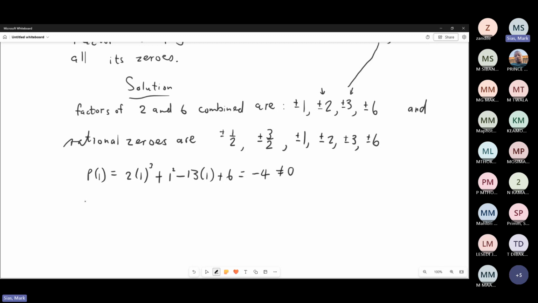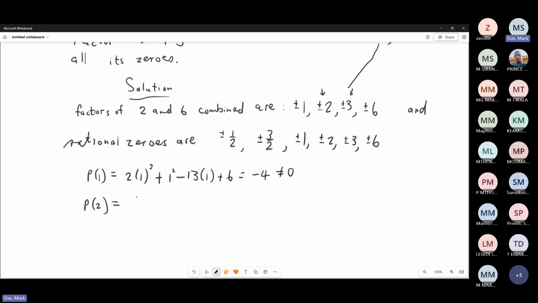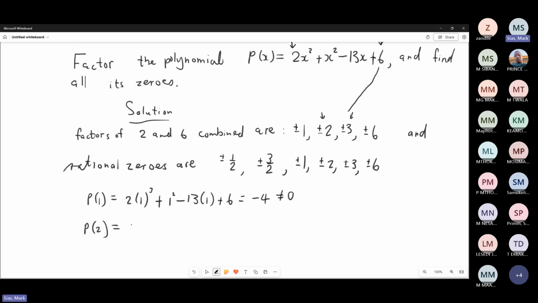Let's check P of 2 quickly, okay? So I'm just arbitrarily checking stuff, okay? Of course, I have to check 12 possible cases, okay? Right, so now I'm checking P of 2. So it's 2 times 2 cubed plus 2 squared minus 13 times 2 plus 6.